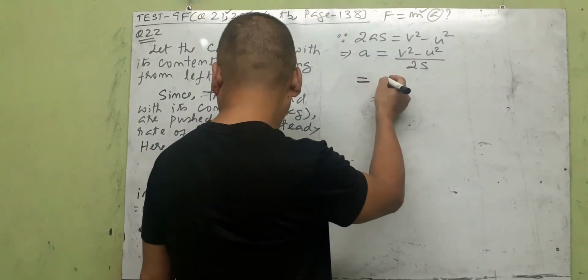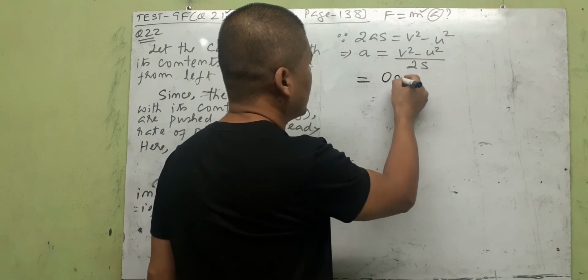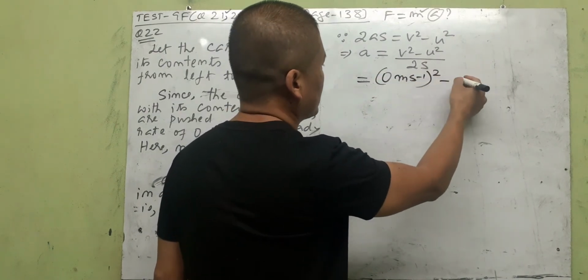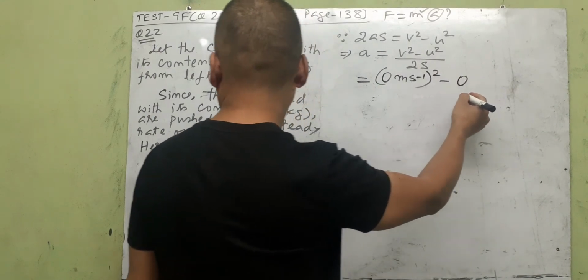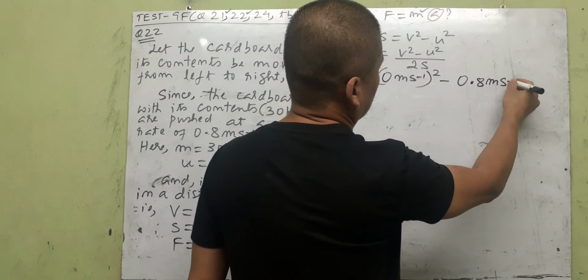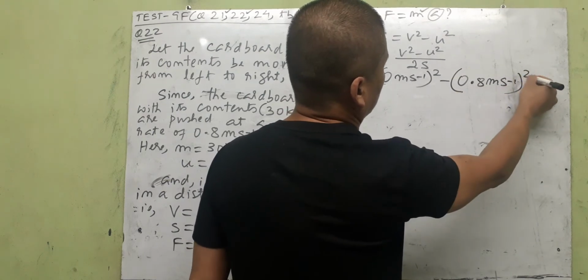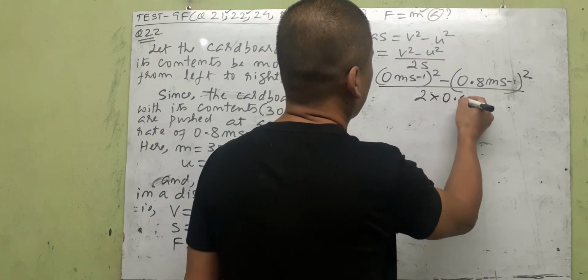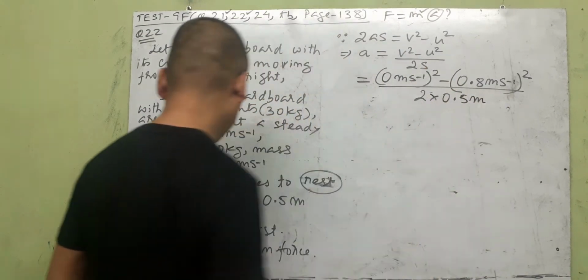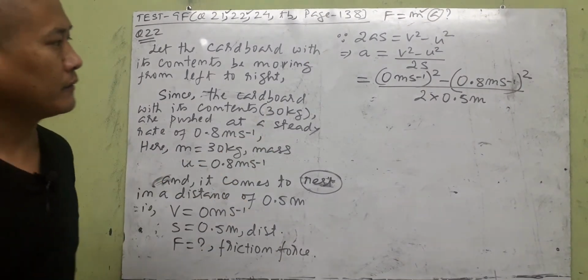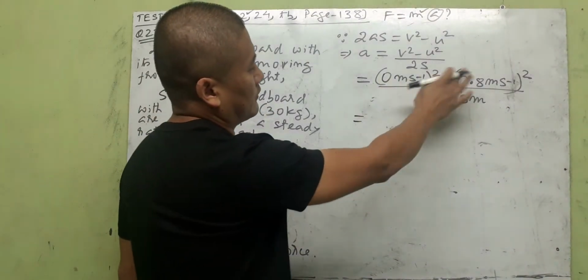So V is here, 0 meter per second, whole thing squared, minus U, which is 0.8 meter per second, whole thing in bracket because this is squared, divided by 2 into 0.5 meter, because the box is pushed half a meter. So 0 into 0, everything becomes 0 here.